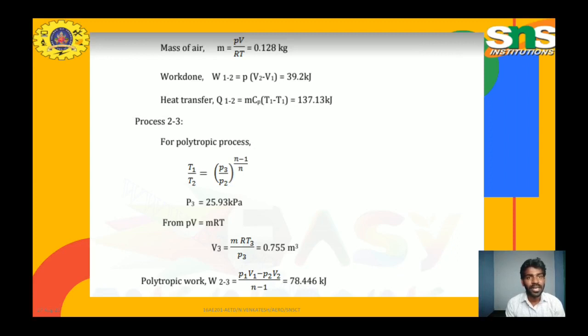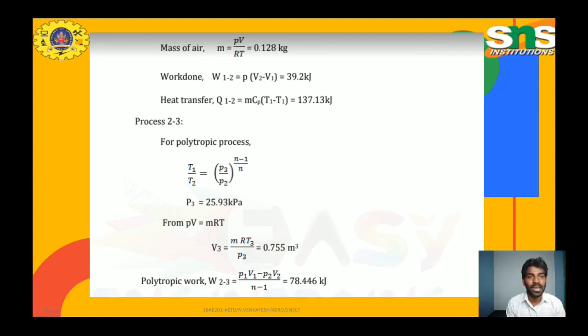The index n is equal to 1.5, a constant value. Finally we get the exit volume V3 from the gas constant equation PV is equal to mRT. In section 3, we substitute P3 V3 is equal to m R T3. Simplifying this equation, we finally get the V3 value as 0.755 meter cube.